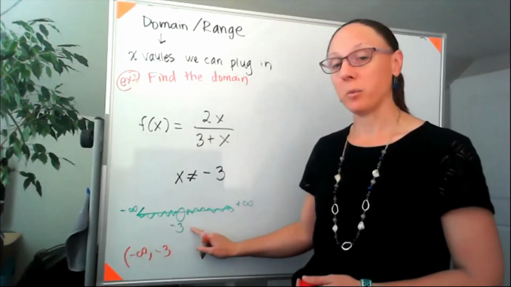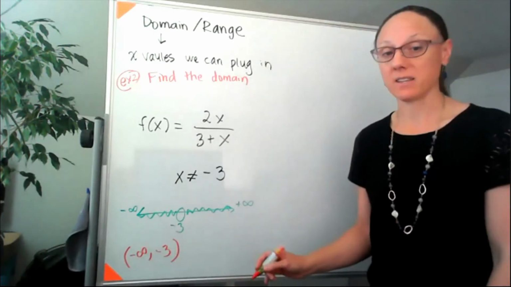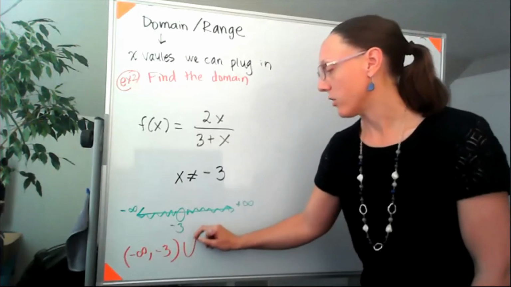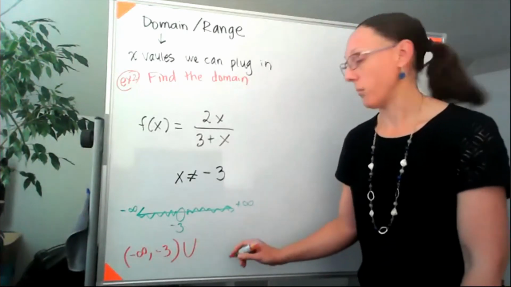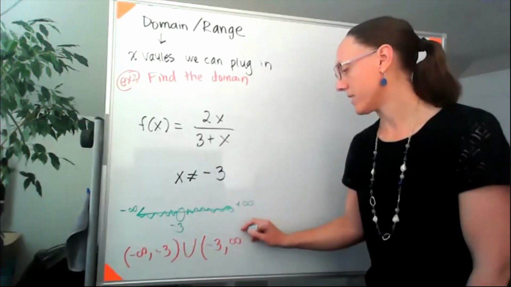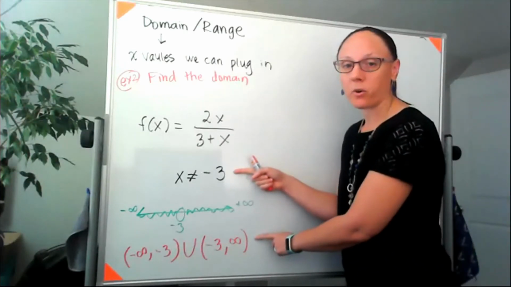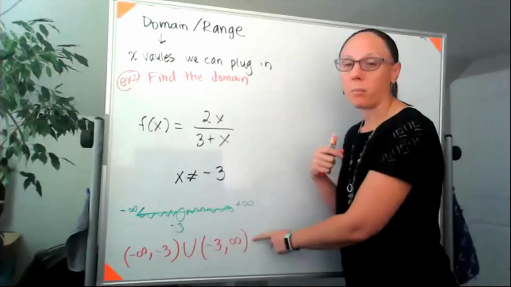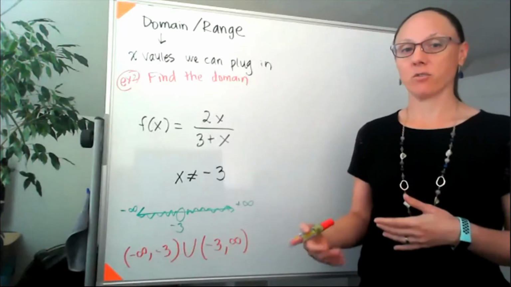And because we're not going to include the -3, we're going to put parentheses on that, not brackets. And I'm going to take a little jump, which we use a union symbol to show that, and then go from -3 to +infinity. So these two are both correct answers, but the one at the bottom is the one you'd have to use if you've been asked to write the answer in interval notation.